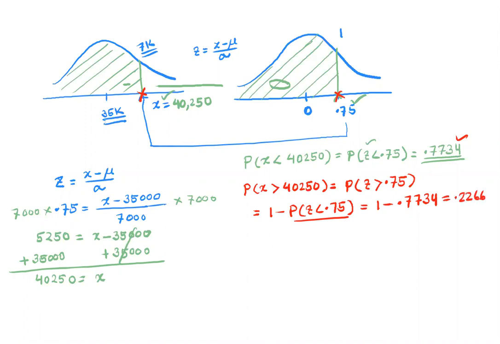So there is a 22.66% chance that a randomly selected person from the population will make more than $40,250.